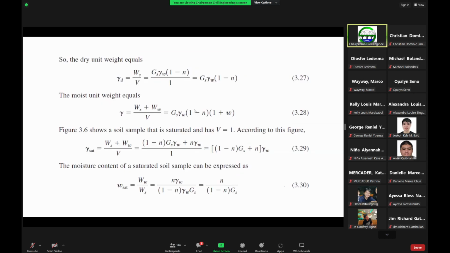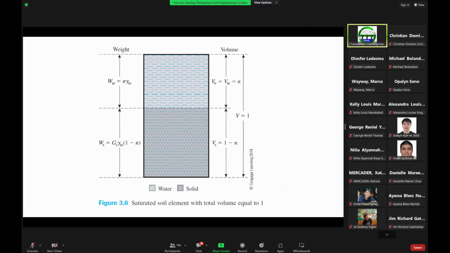Now, in the case of saturated soil, this figure here, this time we only have a two-phase element, the same story. We only have the soil solids, then the voids are fully occupied by water.